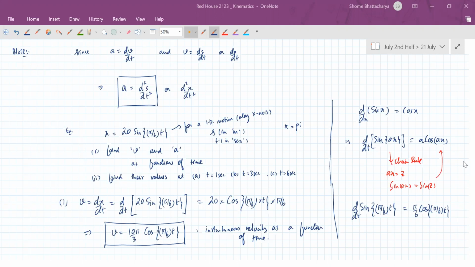Okay, so the pi by 6 here, understand that it is a constant which is not in radians, it is in radians per second. So we cannot just express it in degrees. If it is some angle that we are talking about, then yes, an angle of pi by 6 radians is equivalent to 30 degrees. But here it is a constant with a different dimension, a different unit. It is in radians per second, so we cannot convert it like that to degrees per second.